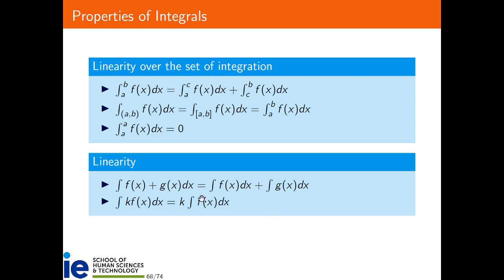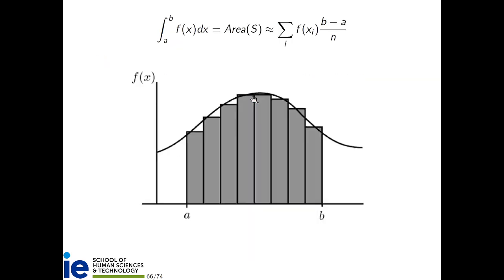So suppose that I'm computing the integral of some function f in an interval ab. Suppose that c is a point between a and b. Then I can basically split the computation of the integrals into the integral from a to c and the integral from c to b. What does that mean?